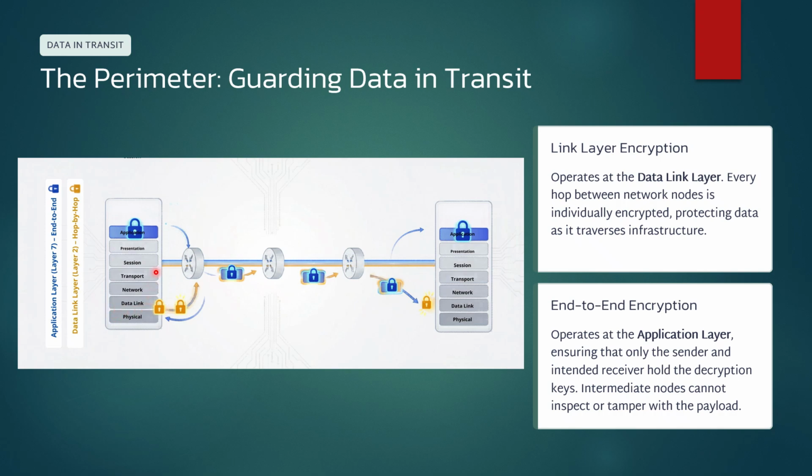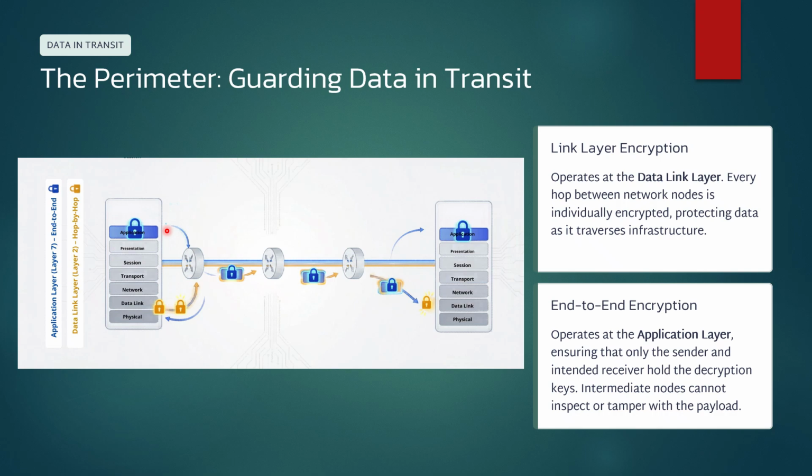These are the seven layers of the OSI model that starts with physical, data link, network, transport, session, presentation, and application. I'm not going in depth about these seven layers. If you want me to create a separate video on that, just let me know in the comment section.